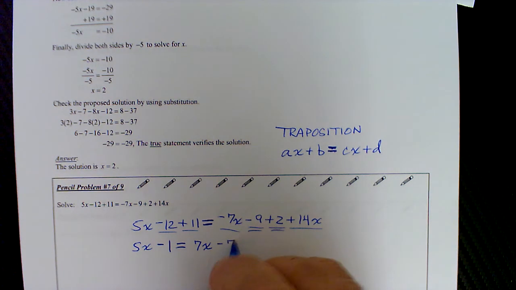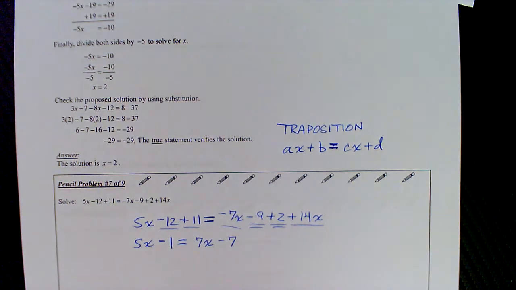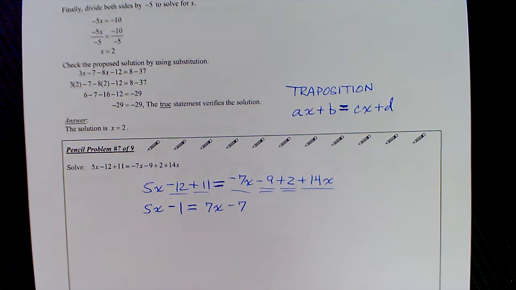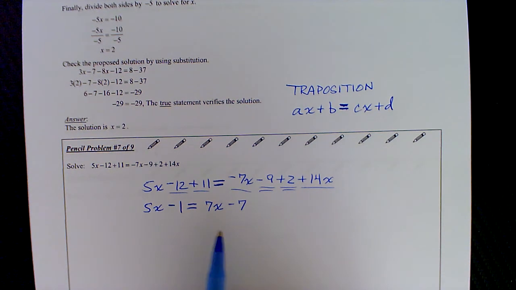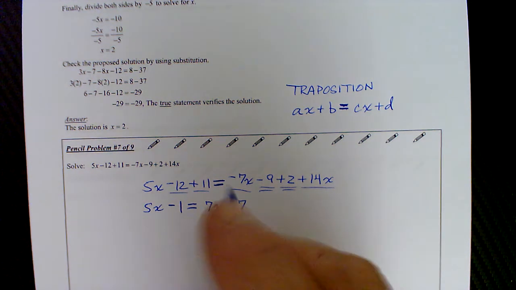Now, here's a case where the coefficient is now greater on the right-hand side. So I think I'm going to choose to solve by moving the variables to the right, because again, you should be versatile.